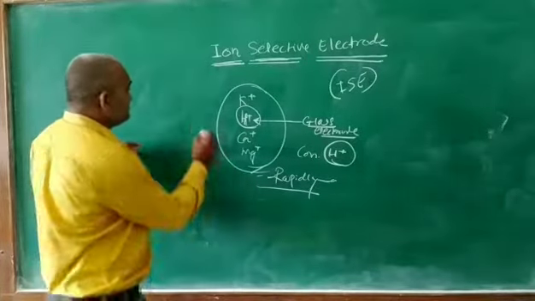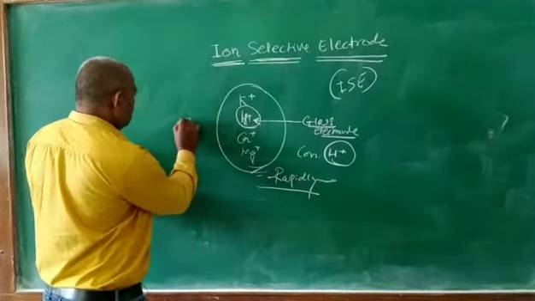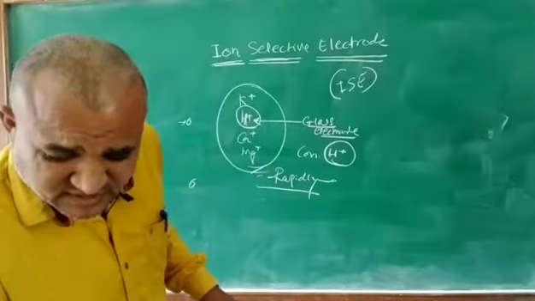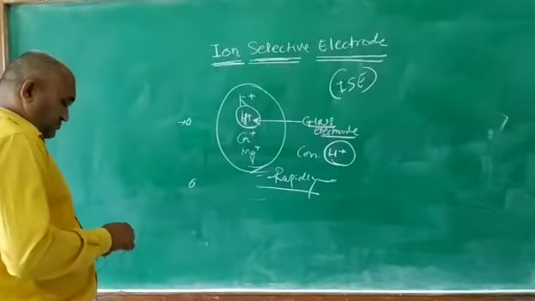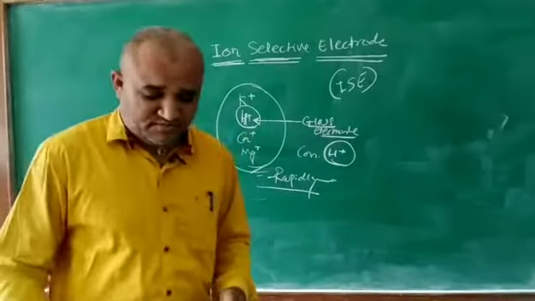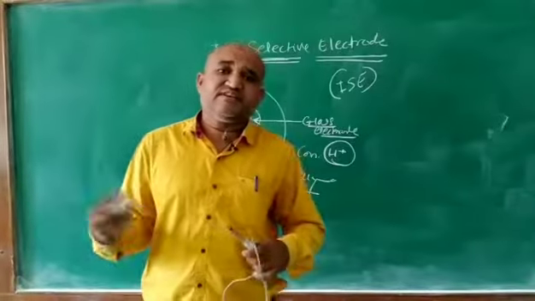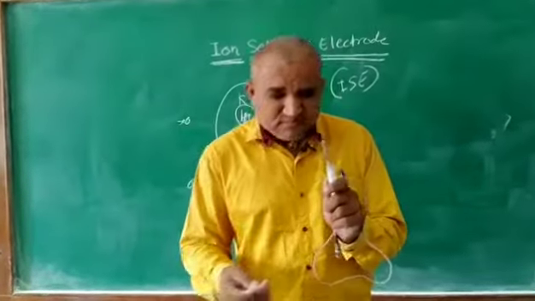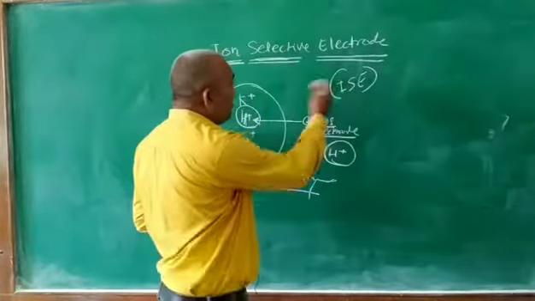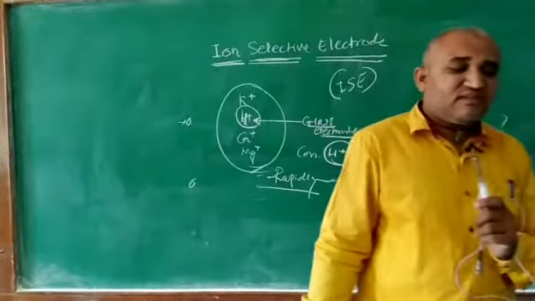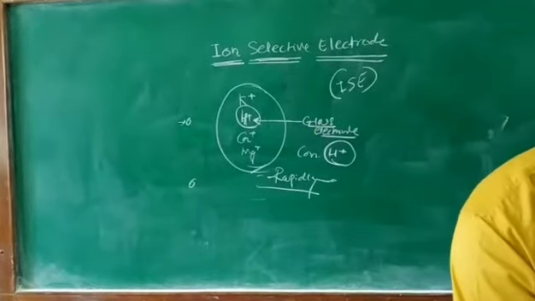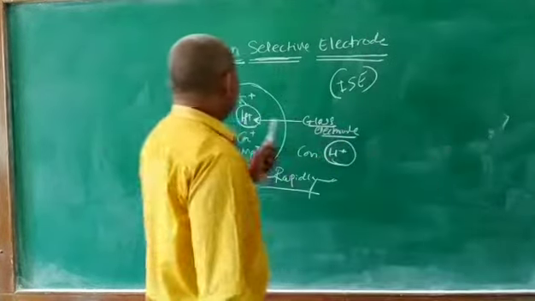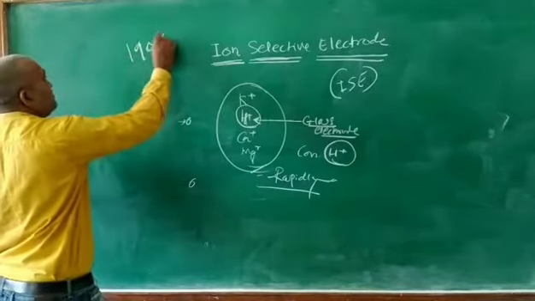And the next point is the specific ions. We see the glass electrode. In the laboratory we measure pH by using this glass electrode. So the glass electrode is one type of ISE. The glass electrode was first found in 1906.